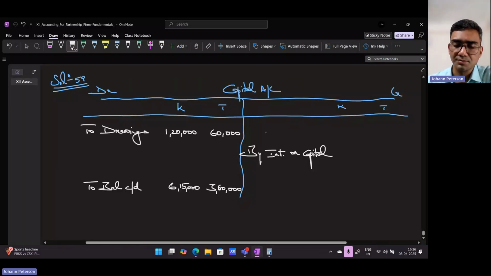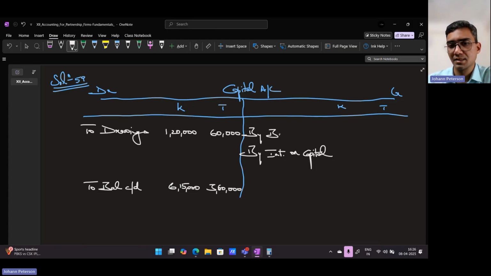So let us assume our opening capitals as some amount. So by balance brought down, let us assume this to be X, this to be Y. So if I say this is 5% of X, that means 5 upon 100, which is 0.05X. Similarly, this will be 0.05Y.